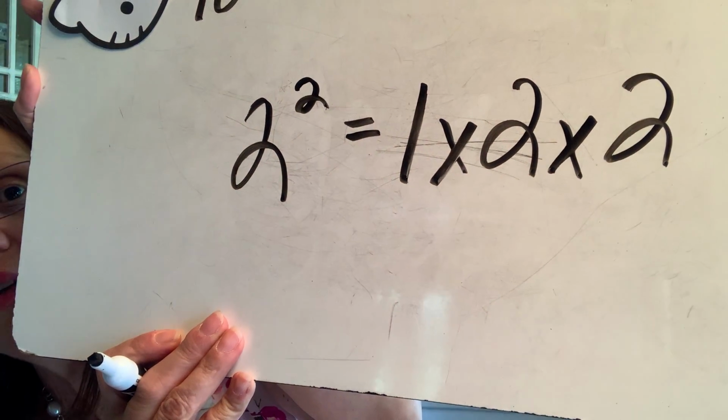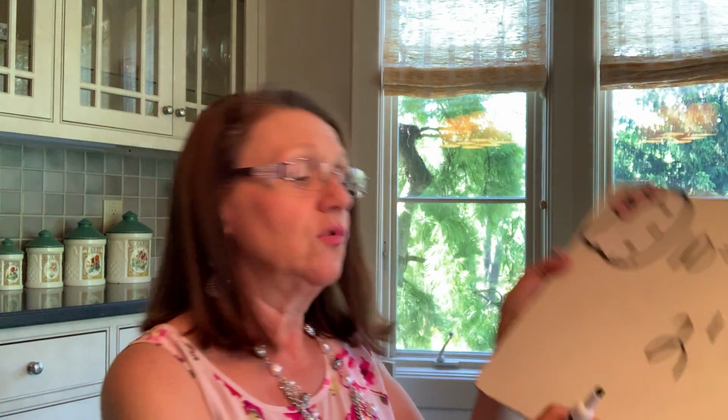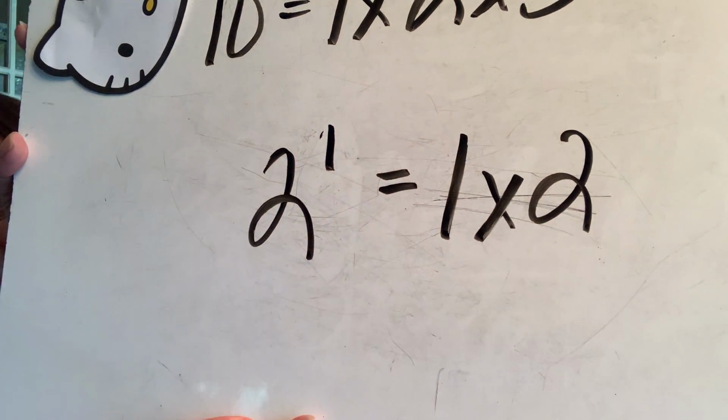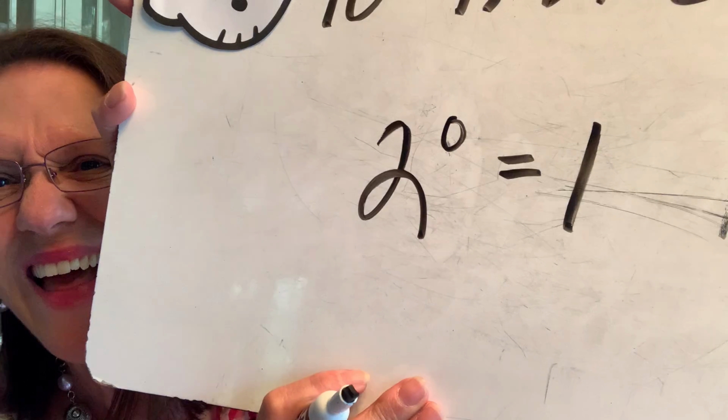So 2 to the power of 2 would look like that, right? 2 to the power of 1 looks like that. And therefore, 2 to the power of 0 looks like that.